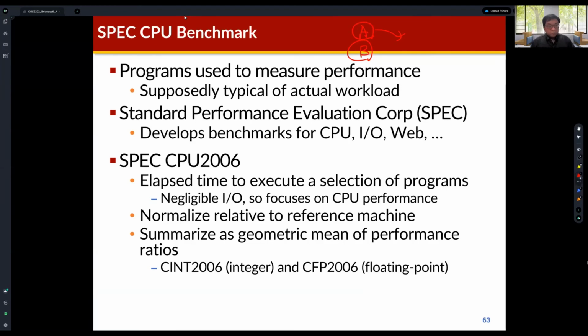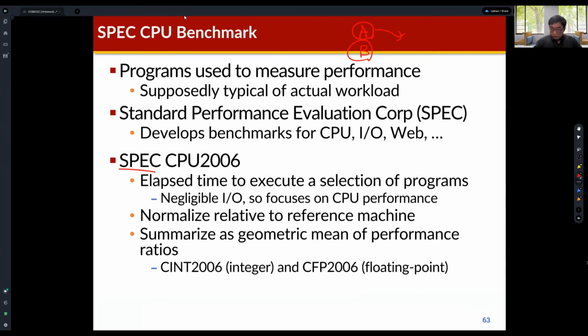The most popular benchmark application in the CPU area is SPEC. SPEC is the abbreviation of Standard Performance Evaluation Corporation. Many companies attend this SPEC group, and they provide the SPEC benchmark applications, which are used for comparing the performance of CPUs.